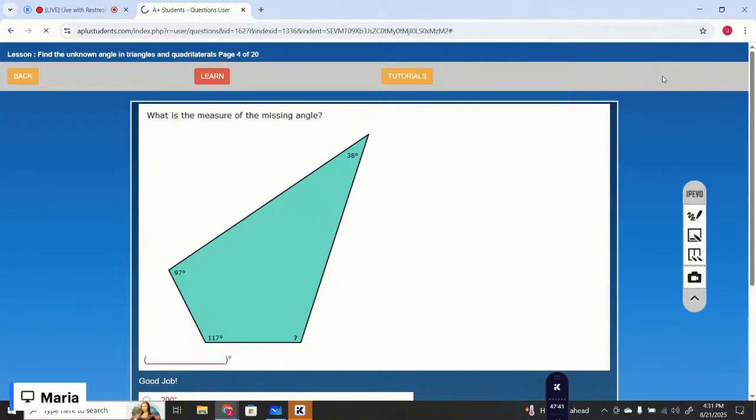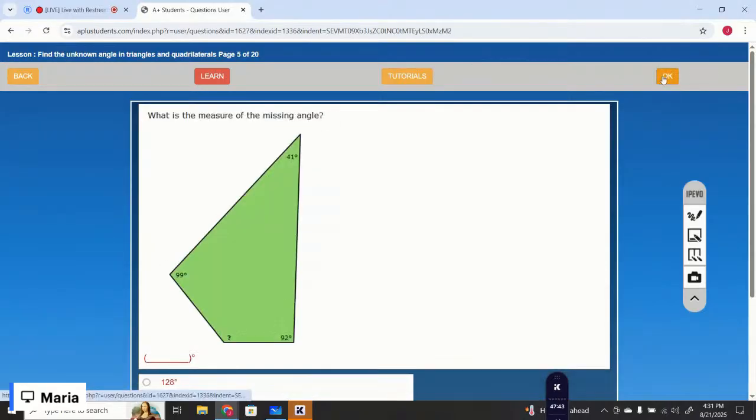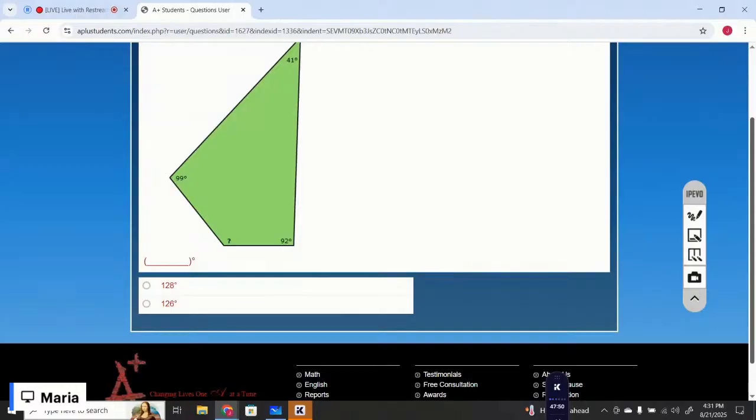Okay, the next one is find the measure of the missing angle. Again, we are given a four-sided shape. So add the given angles and subtract them from 360. This way we can find the missing angle. They are 99, 41 plus 92. The sum is 232, right? So 360 minus 232 is 128 degrees.